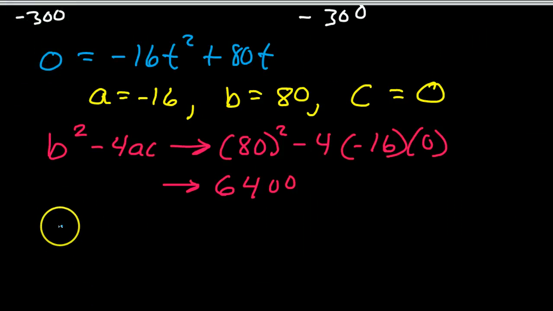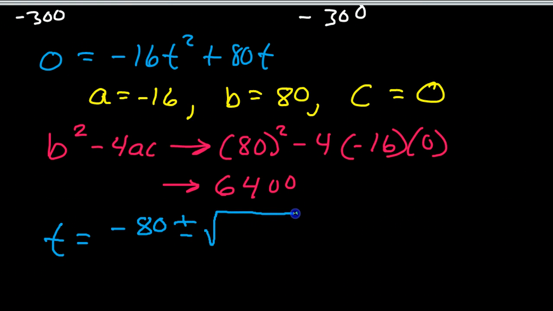Alright, so t is equal to the opposite of b. So that would be negative 80 plus or minus the square root, and then we use our discriminant, so 6,400, all over 2a.